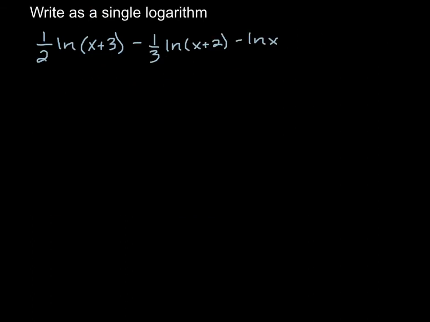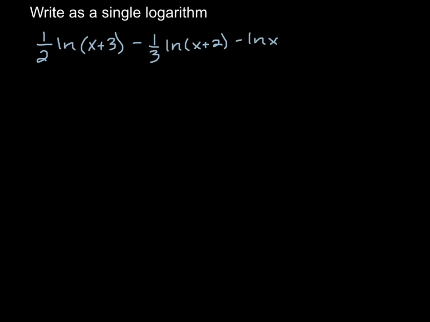Alright, here is pretty much the opposite direction of the last slide. Here we're writing this series of logarithms as a single logarithm. So we're going to use our properties from before, but go in the opposite direction. So let's start right here. We have 1/2 times the natural log of x plus 3. Well, the only time we had a number being multiplied to the outside was when we have an exponent up here.